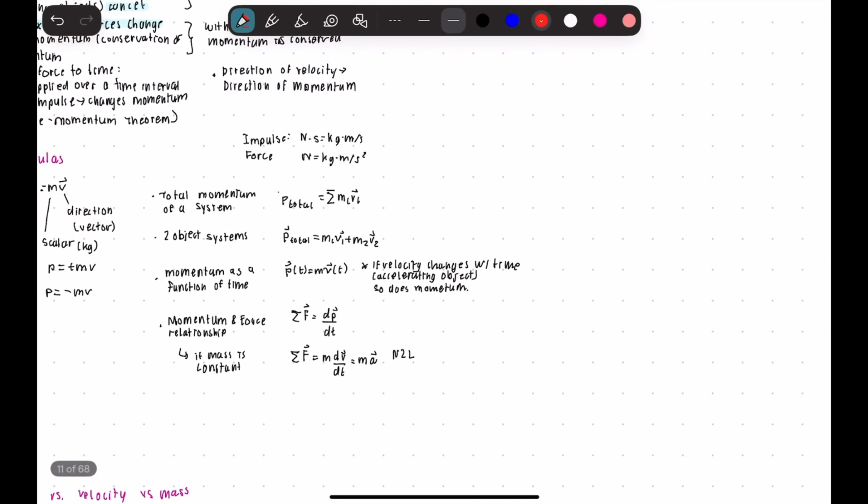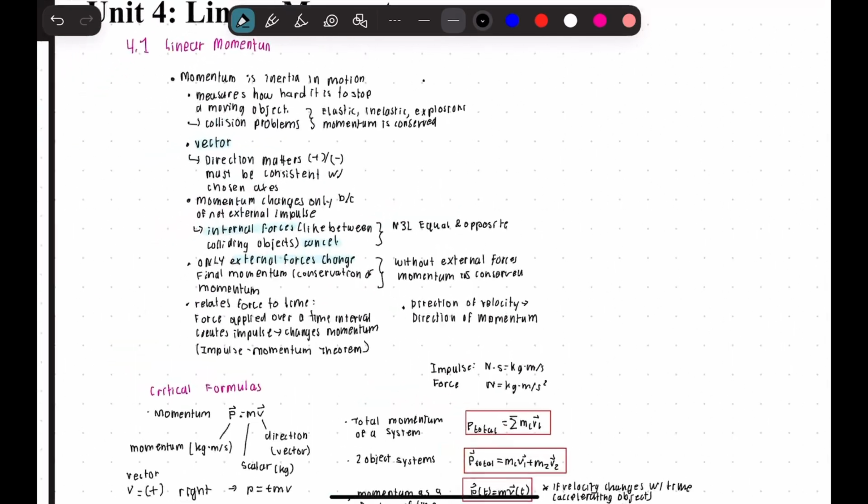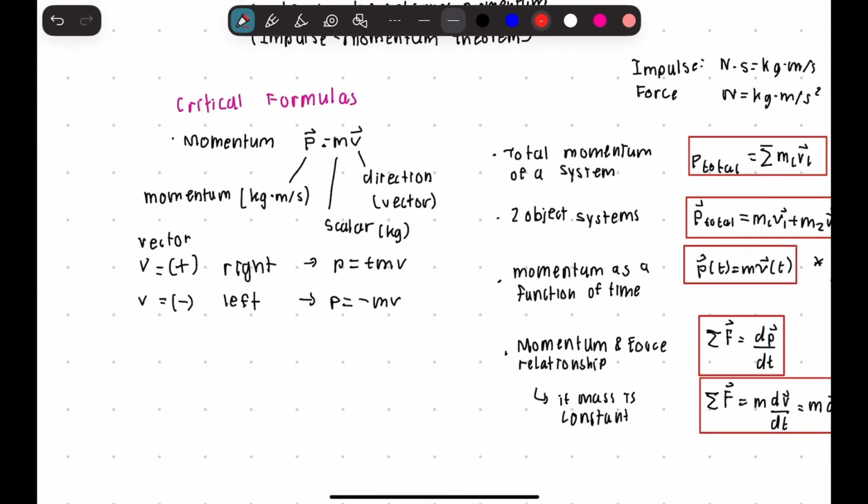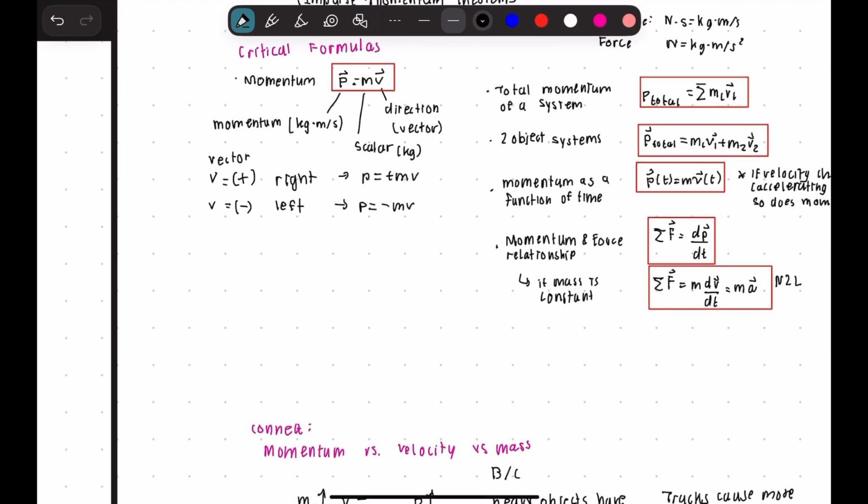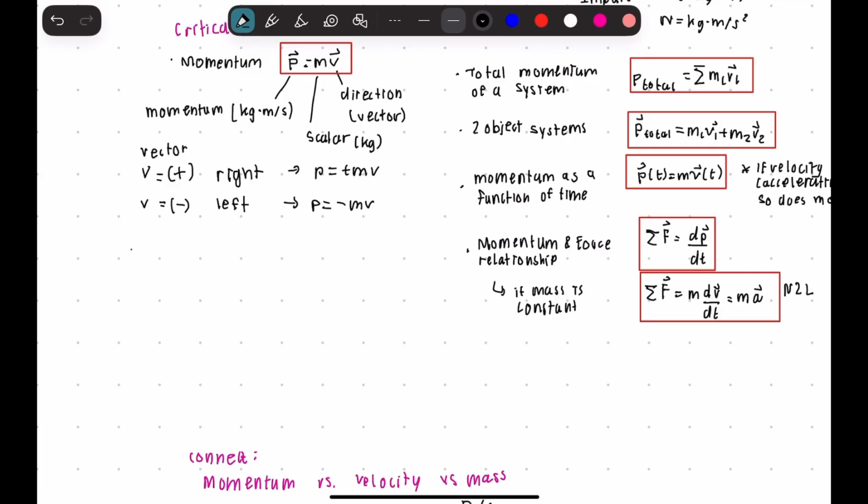So again, we had this total momentum of the system, two objects in the system. Okay, so remember that this is the fundamental quantity of the entire unit: P equals mv. You need to know this. Well, you should already know it. And let's remember these key facts.